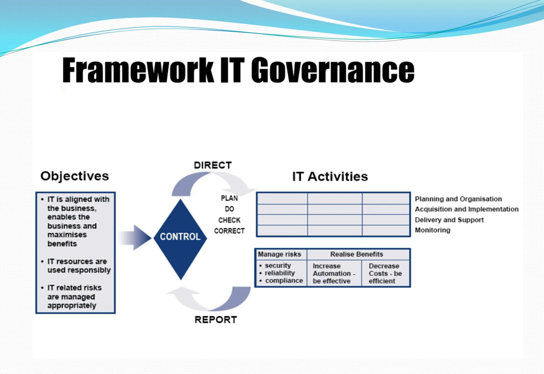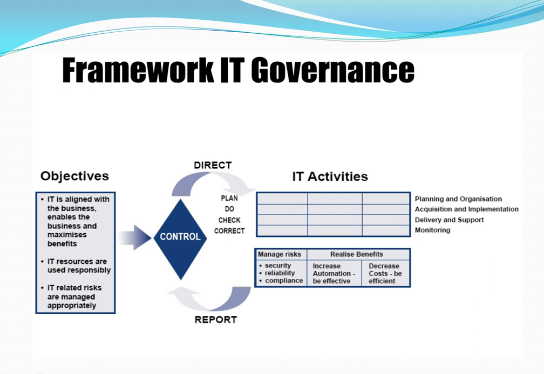Now, for these objectives, you need to put controls that will enable value from the use of IT or investment in IT. Now, you have direct and report. Direct control should be, okay, that's plan. Direct on actions, that's do.